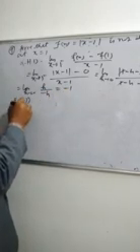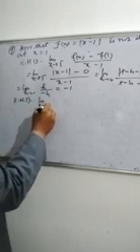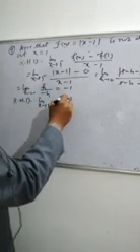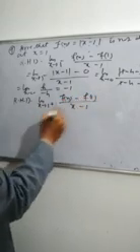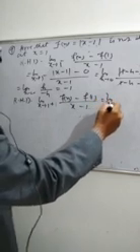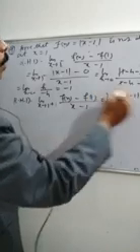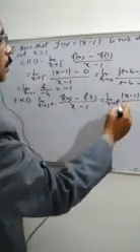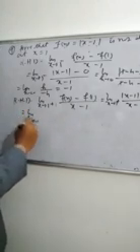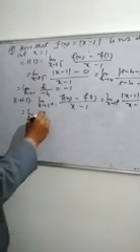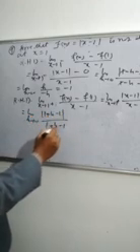Similarly, for the RHD, it will be limit x tends to 1 plus f of x minus f of 1 by x minus 1. In the case of this function, it will be modulus x minus 1, f of 1 value also 0, then by x minus 1. We put here h tends to 0, then it will be modulus of 1 plus h minus 1 by 1 plus h minus 1.